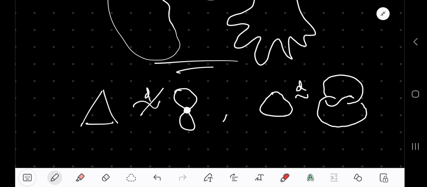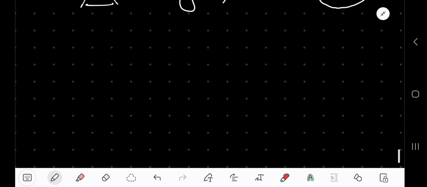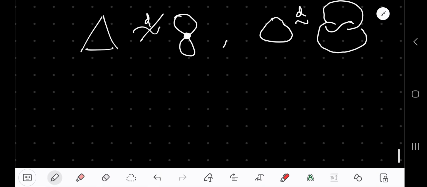These things are quite interesting to see, but mathematically we have not yet developed the tools to talk about them being diffeomorphic.